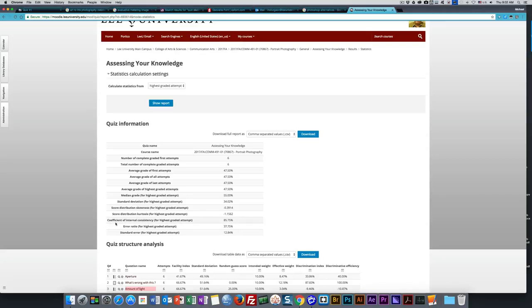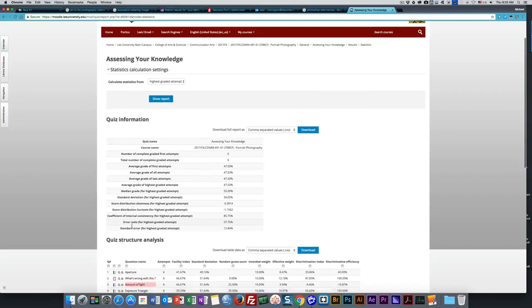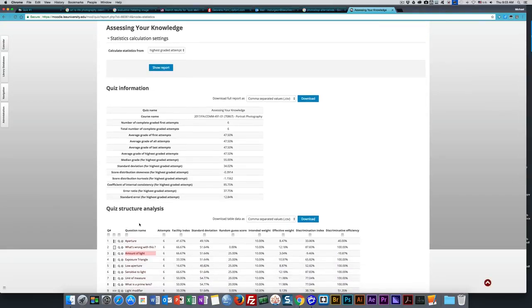You may know this term, but what does Moodle mean by that? What kind of numbers are you looking for? Error ratio for the highest graded attempt, which if you only give one attempt, then this will, well, we'll get to that later.